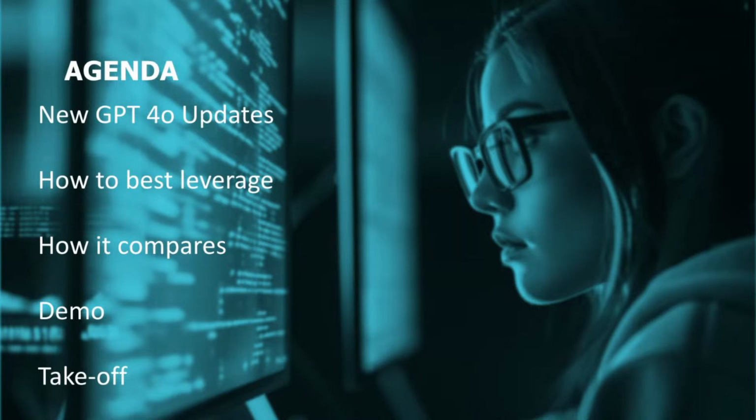We're going to talk about how we can best leverage these new updates, and how this compares to the previous version, as well as other models available out there. I'm going to do some show and tell to show you how things are working, and then I'm going to encourage you to dive in and do it for yourself.